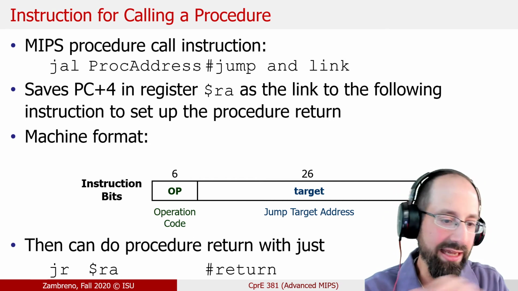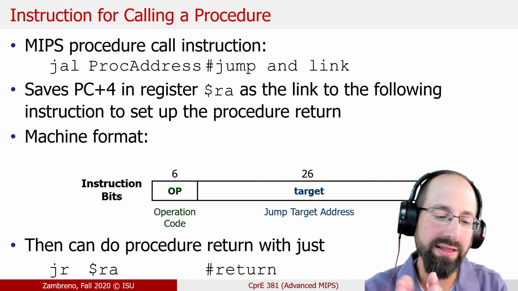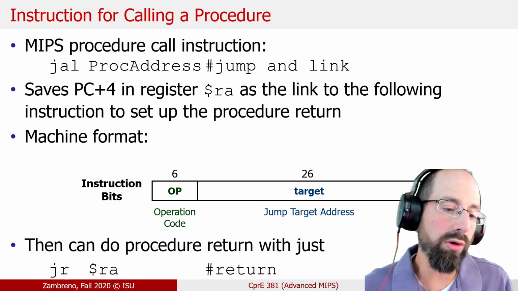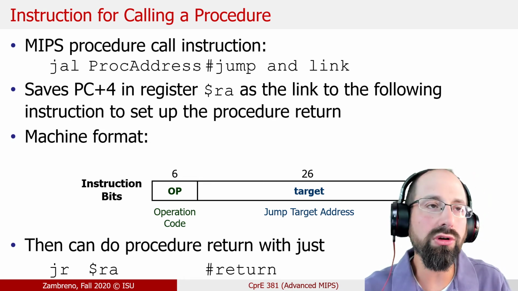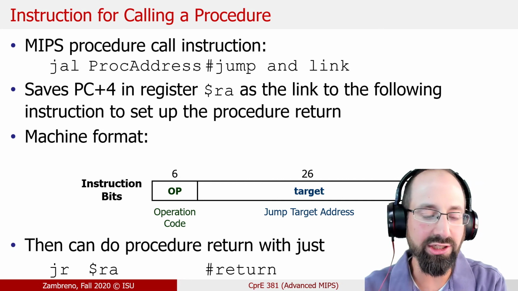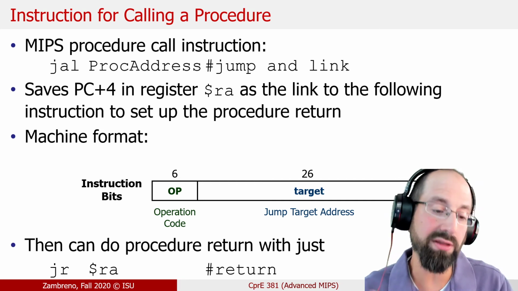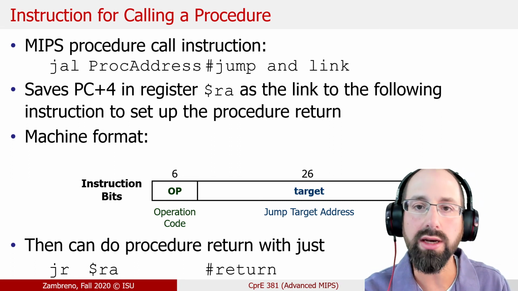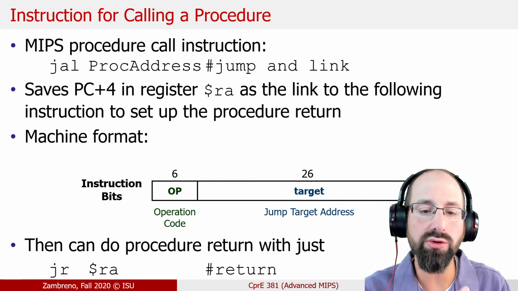No matter what, we take that jump, which gives us a lot more bits in our 32 bits to encode where we want to jump to. That gives us more range, basically. Otherwise, you could always do a branch not equal 0, 0 destination, and it would effectively be a jump. It just wouldn't be able to jump nearly as far, because it would only have 16 bits to encode the destination. Here we have 26 bits to encode the destination.